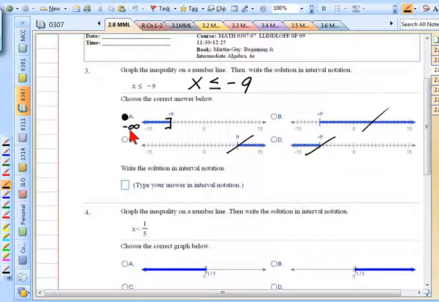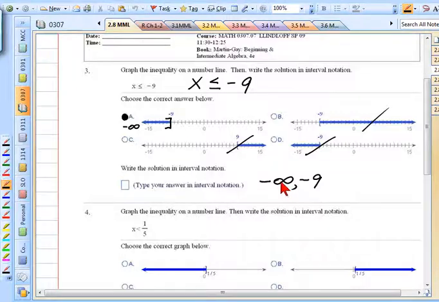Negative 15 is just the last number that they printed on here, but it goes past it. So it's negative infinity till you get to negative 9. Okay, so I'll write it here. It is negative infinity, comma, just tell me what number. Negative 9. So an interval just has two quantities.